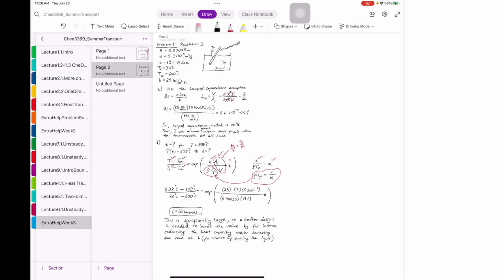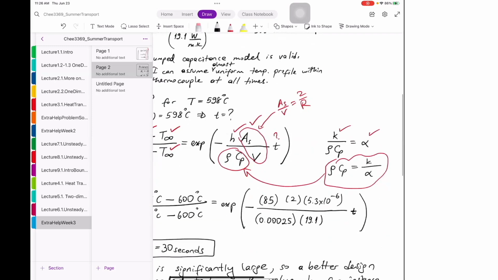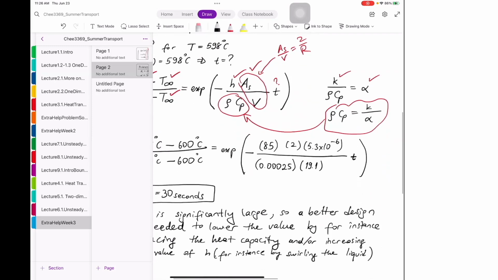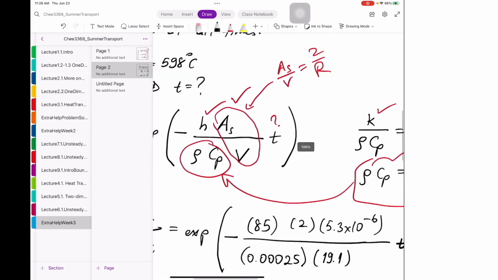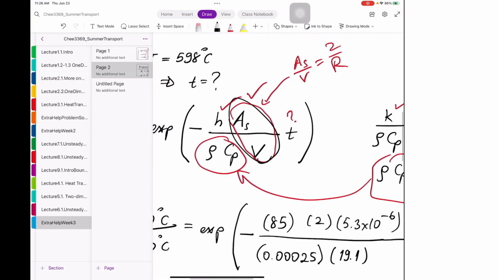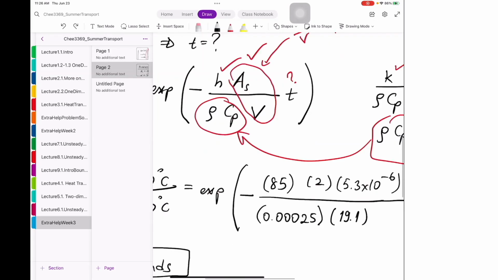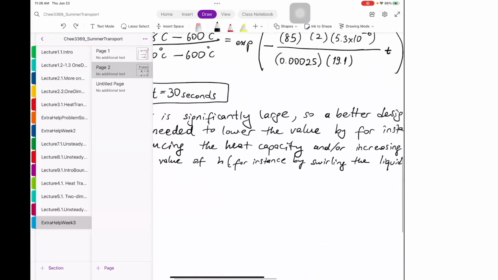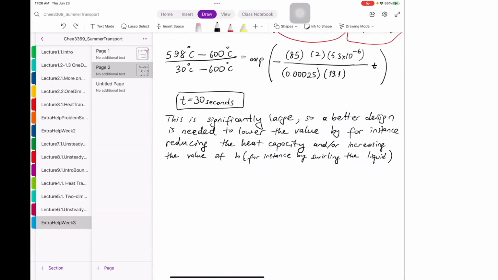And you can also play with other things, right? You can reduce the R as well, right here. If you want to increase this thing, you should reduce the R. So you can design a thinner thermocouple for it to equilibrate faster, which gives you a better, faster equilibration and better estimate.